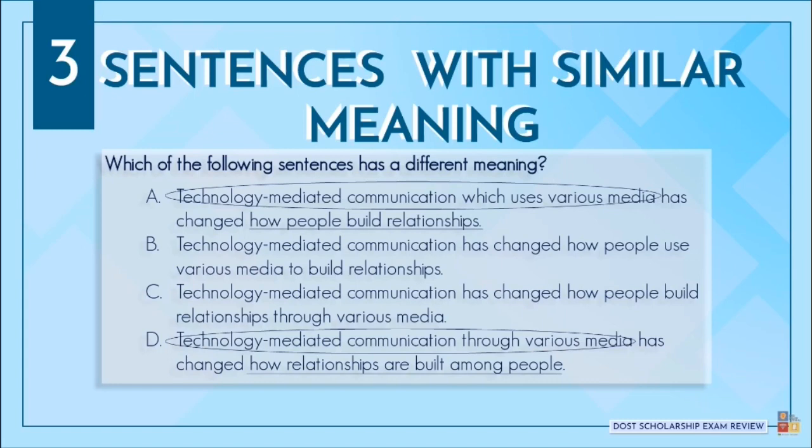Now, let's look at letters B and C, which are also in a similar format. In letter B, what changed is how people use various media to build relationships, while in letter C, it is how people build relationships through various media. Since A, C, and D have similar meanings, the answer is letter B.